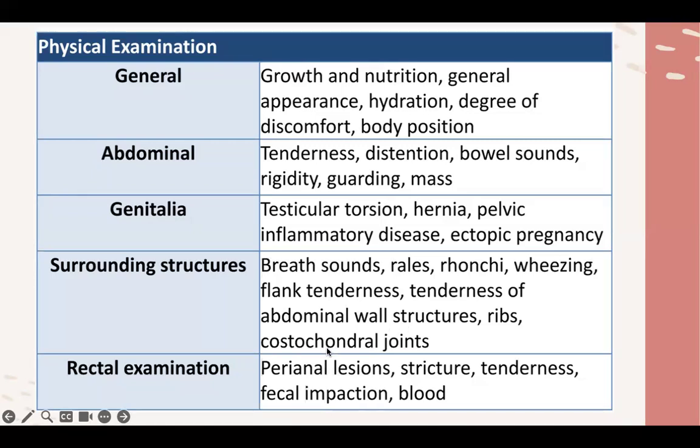Rectal examination is important to look for fecal masses, fecal impaction, blood-stained stool in case of hematochezia, and any palpable polyp or other causes.